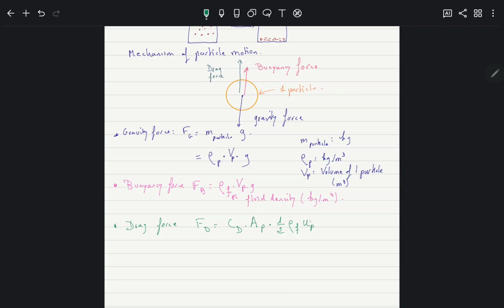Up is the particle velocity, actually the average particle velocity, squared, in meters per second. Ap is the projected surface, Cd is the drag coefficient, and rho_f is again our fluid density.